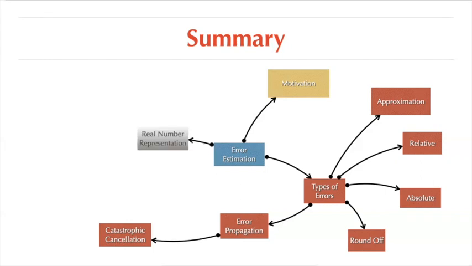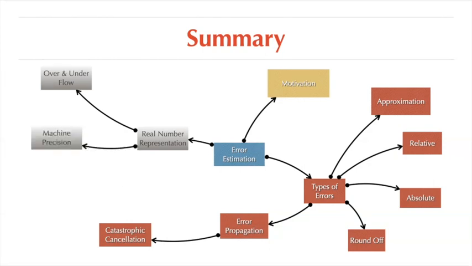And then we talked about real number representation, and the ideas of overflow and underflow. If the number that you're storing in Python, or for that matter any programming language, is larger than some certain number, it will give you infinity. If it is smaller than some certain number, it will just give you 0. And then about the machine precision. Machine precision was defined to be the smallest number larger than 1 that you can take, because the next number after 1 is mathematically not defined.